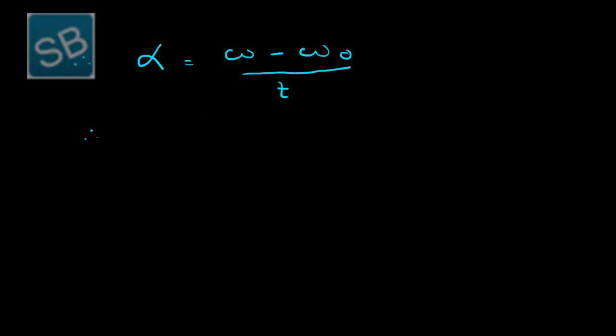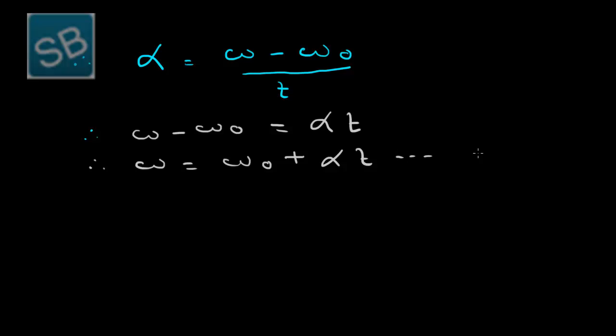I can rearrange the terms and the equation will look like omega minus omega 0 equals alpha t. And if you remember, the first kinematic equation was v minus u equals at. Rearranging again, omega equals omega 0 plus alpha t, which is very similar to v equals u plus at.